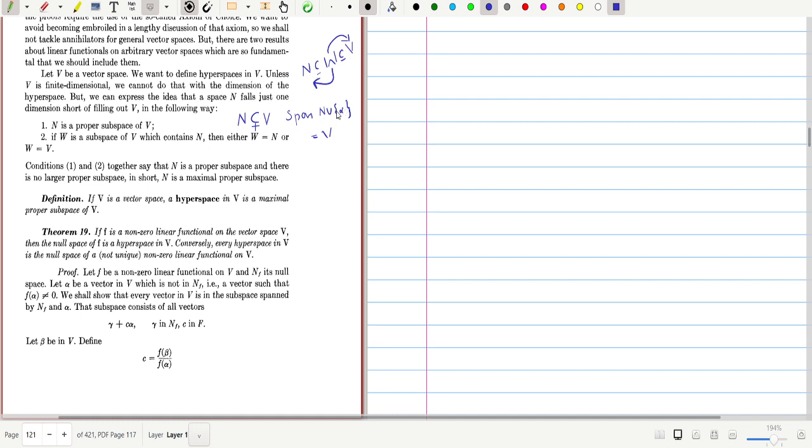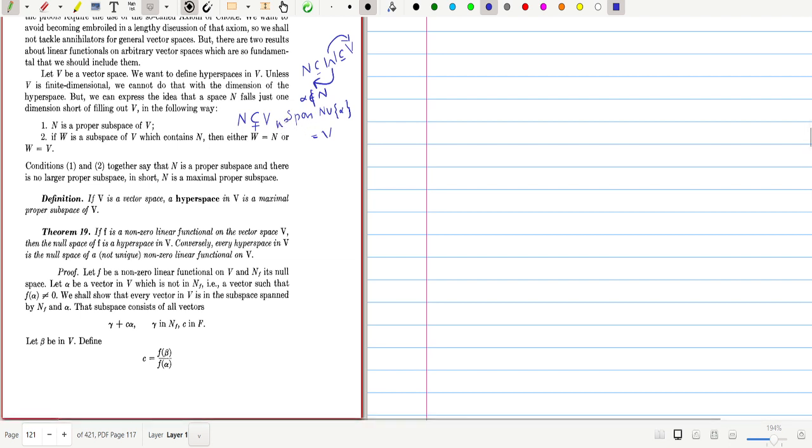Or you can say that the span of N union any element alpha: if you choose any element alpha not in N, that means alpha comes from outside of N, then consider the span of N union alpha. This is always a subspace.